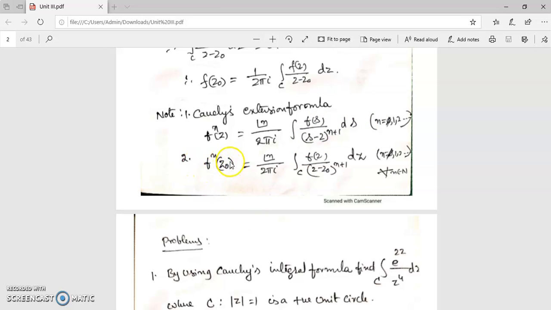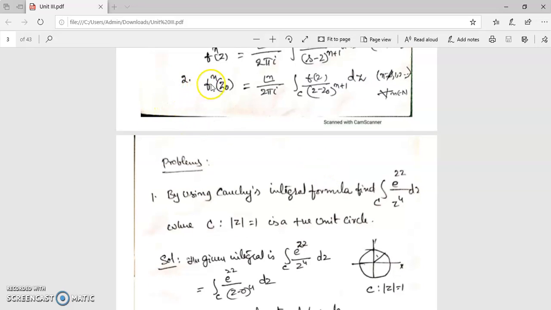Also at the point z is equal to z0, we write z0 in place of z, where z is a general point and the general variable is s. This is the nth differentiation at z is equal to z0.